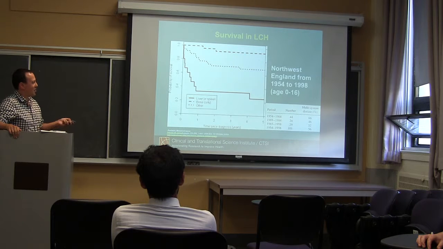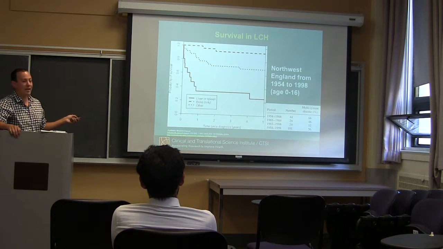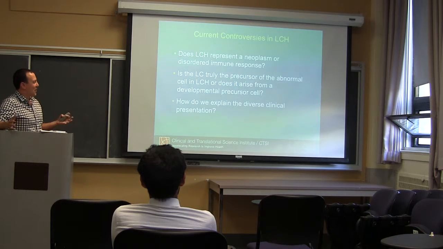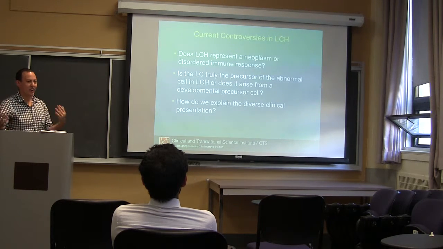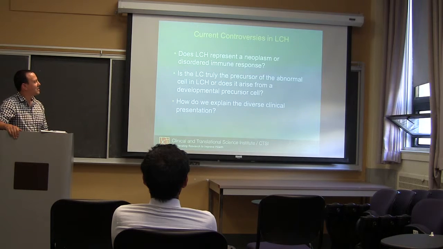This is from Northwest England, I should add as well. And this is just pediatric, so adults are going to look a little different as well. So the big current controversies in LCH that are still around today are: is this a neoplastic disease, or is this a disordered immune response to something unknown?